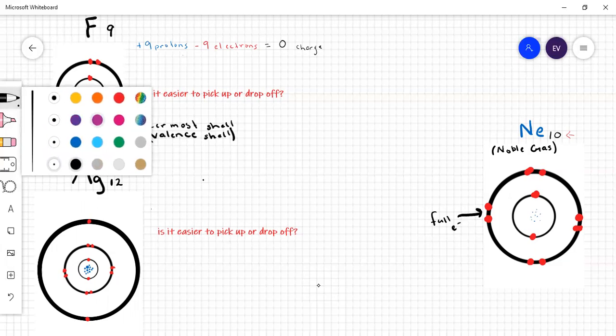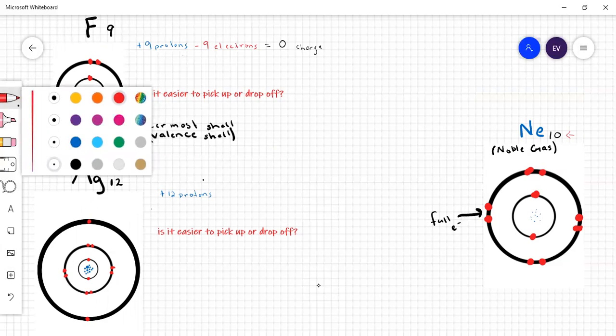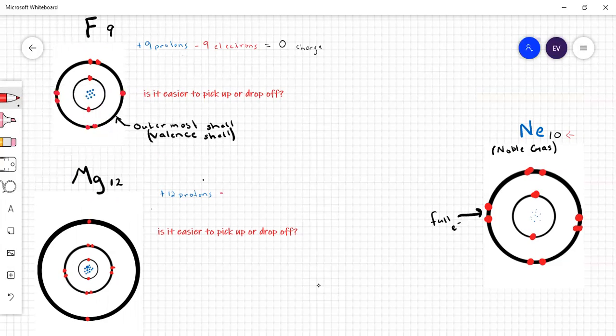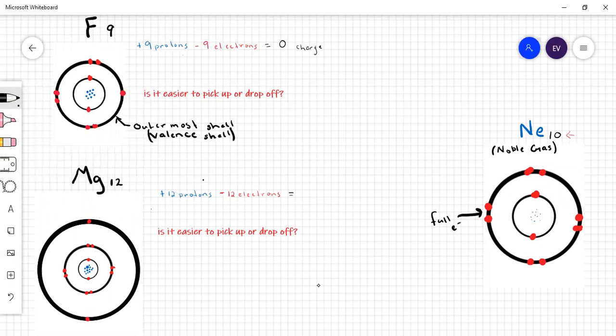Let's take a look at magnesium. Magnesium has 12 protons, which carry a positive charge, and has 12 electrons, which carry with it a negative charge. And if I take 12 minus 12, I should end up at 0 charge.